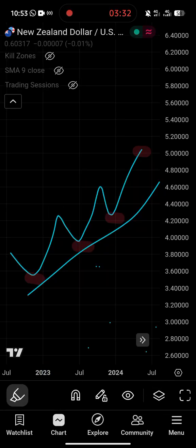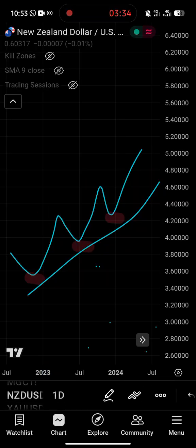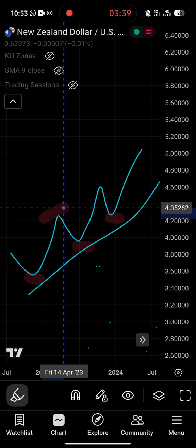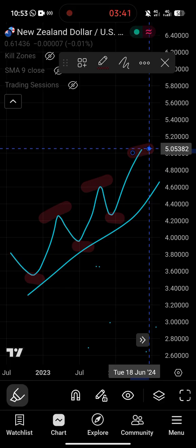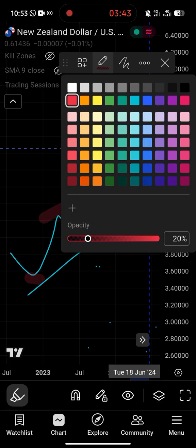Let me mark them. Let me highlight them with different colors. Let's make them yellow.